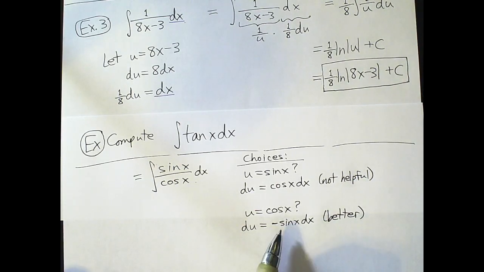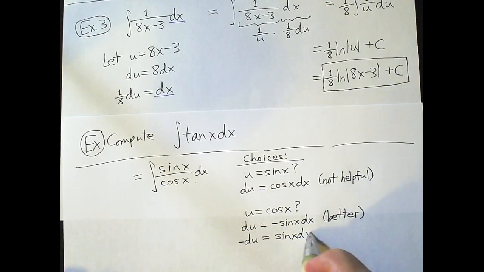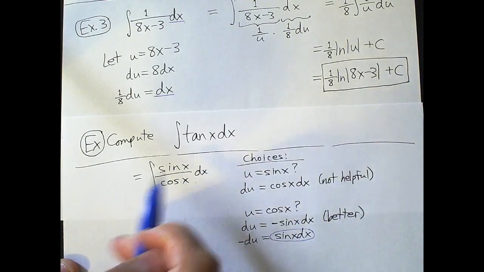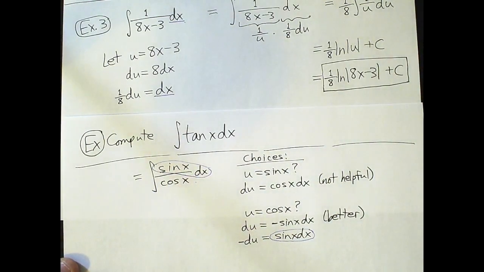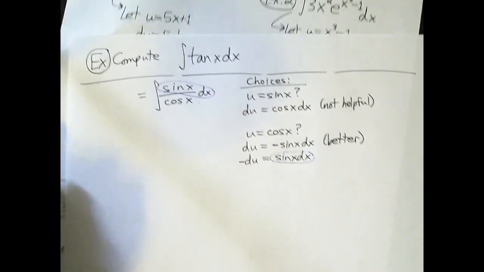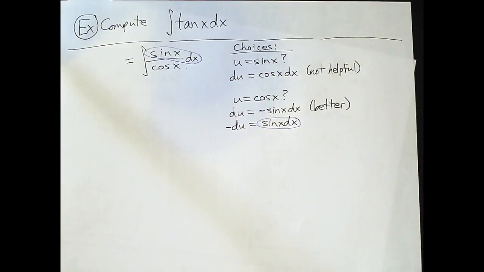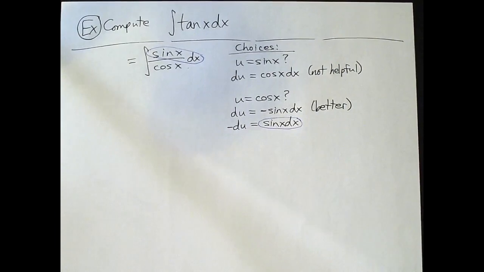In fact, we can make this work exactly if we multiply both sides by a constant, in particular the constant -1. Now we have a sine x dx, and the original problem has a sine x dx. So we will be able to finish this using the substitution rule.